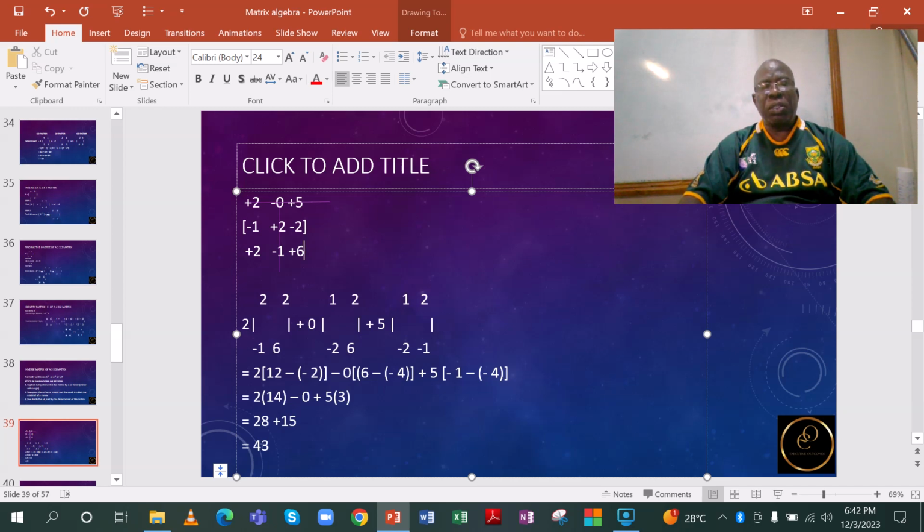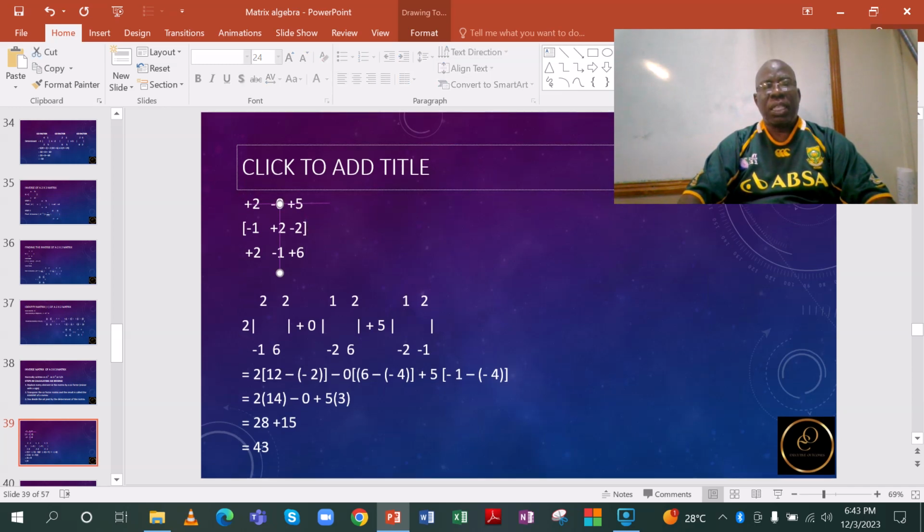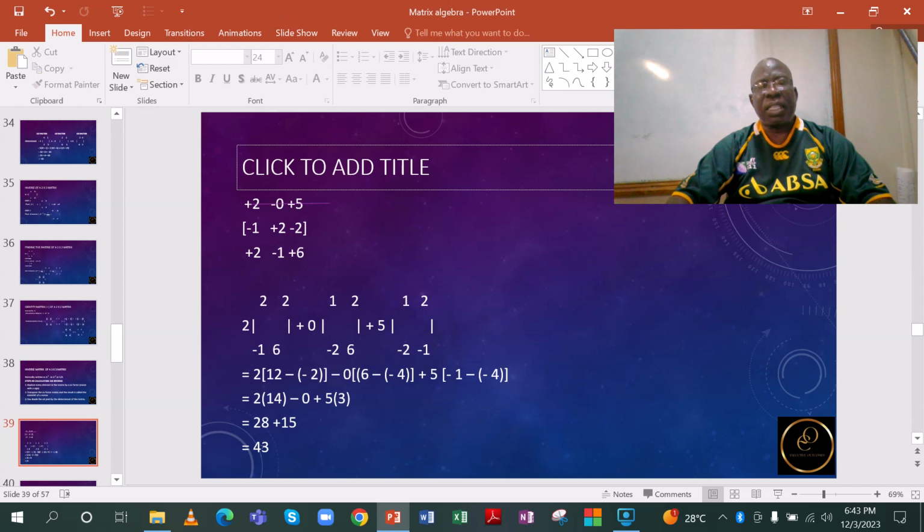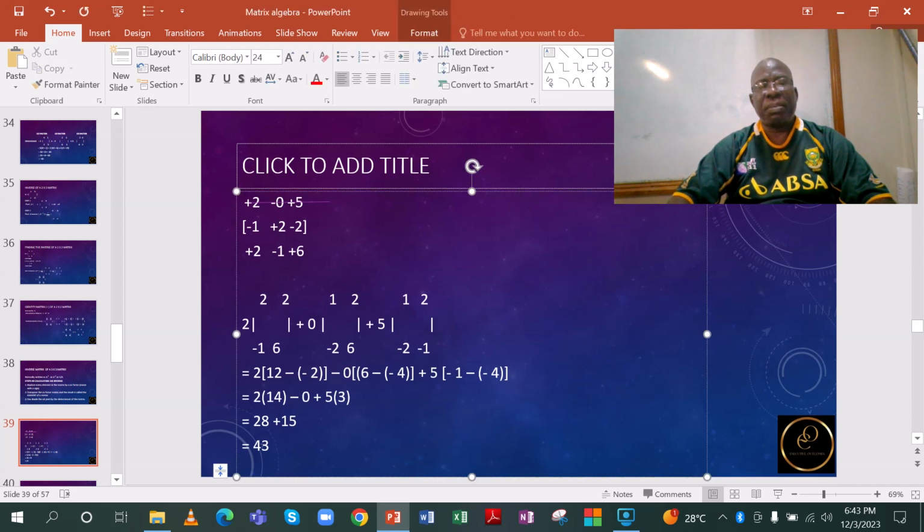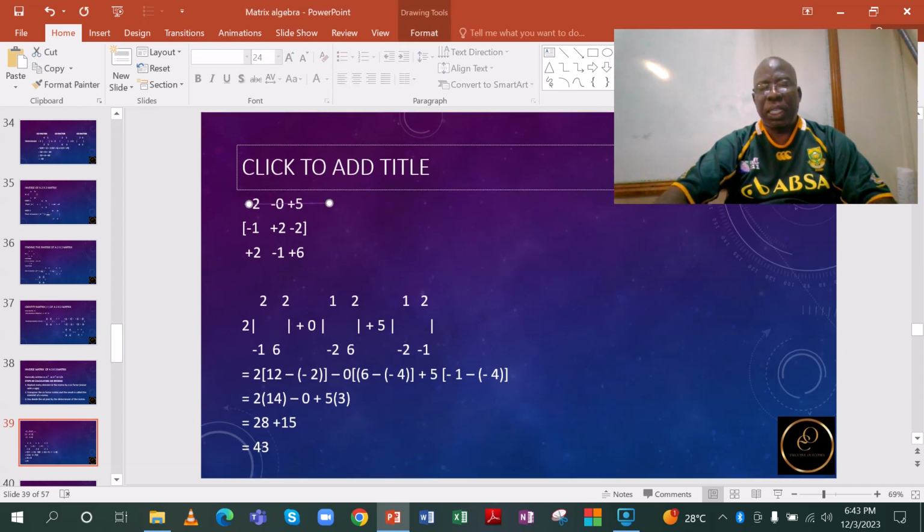Okay, so the original matrix, before these already got signs assigned to it. We're looking at the original matrix, before assigning the signs. What was it looking like?